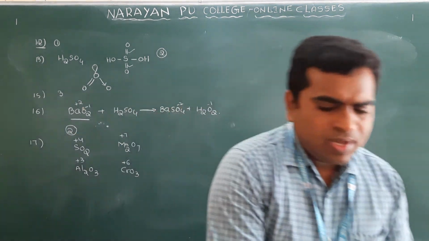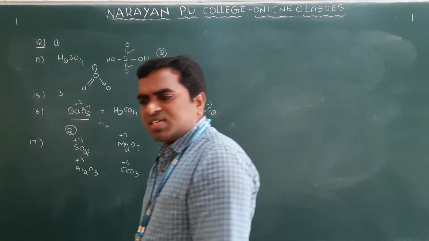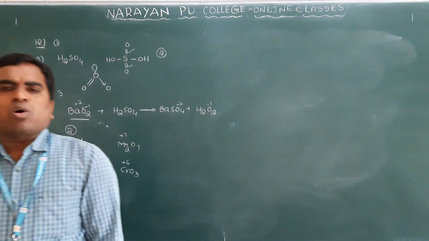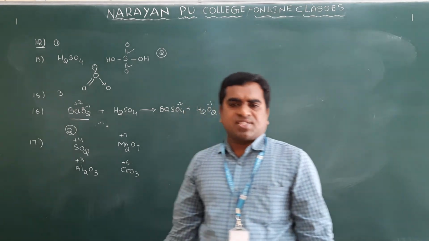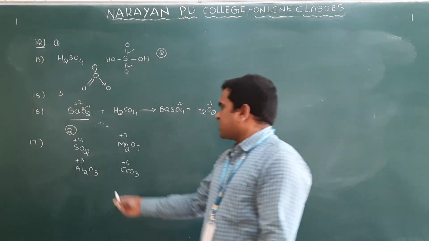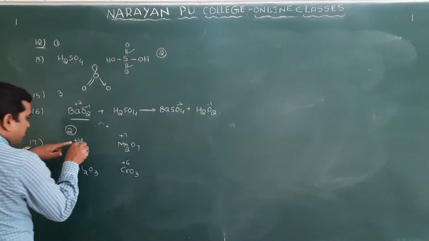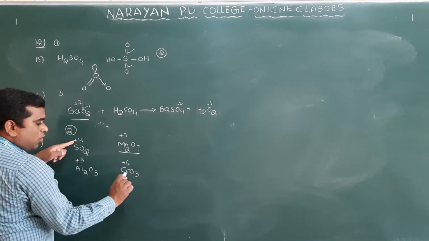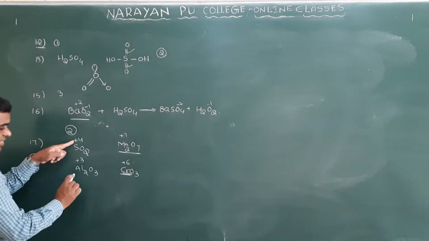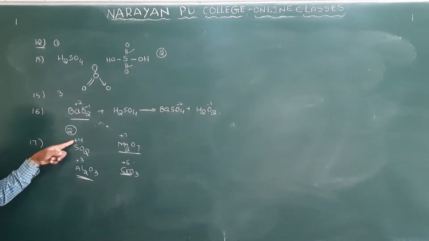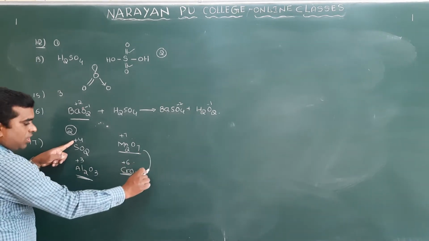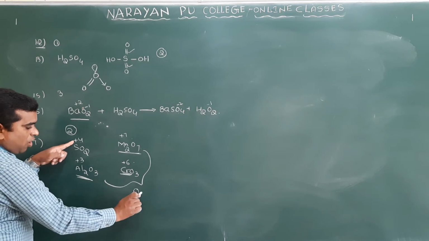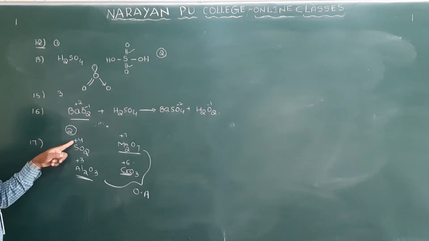The maximum oxidation state of sulfur is 6. But here it shows +4. Manganese's highest oxidation state is +7, chromium's highest is +6, aluminum's highest is +3. So all these three act as oxidizing agents.